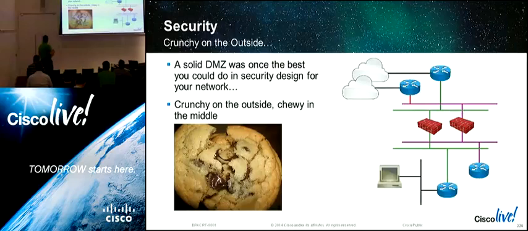So there are different strategies that people take, where people make the edge of the network a lot harder than the center of the network, for example. So once you're inside, you can do more stuff, but it'll be harder to get inside of the network.